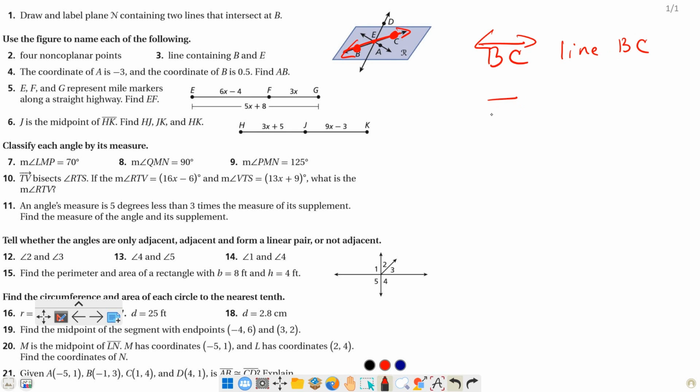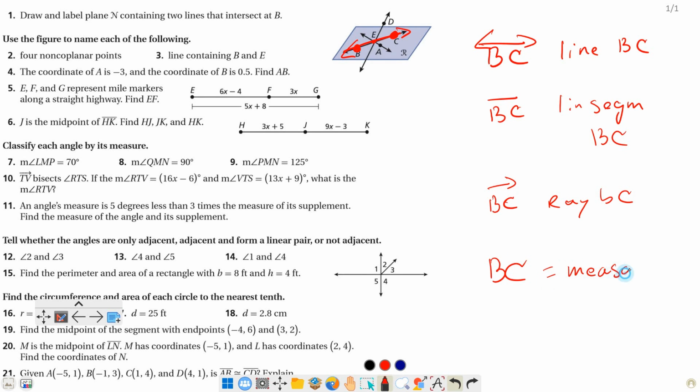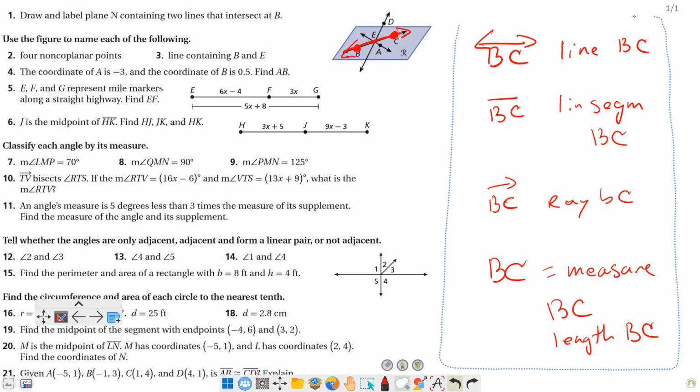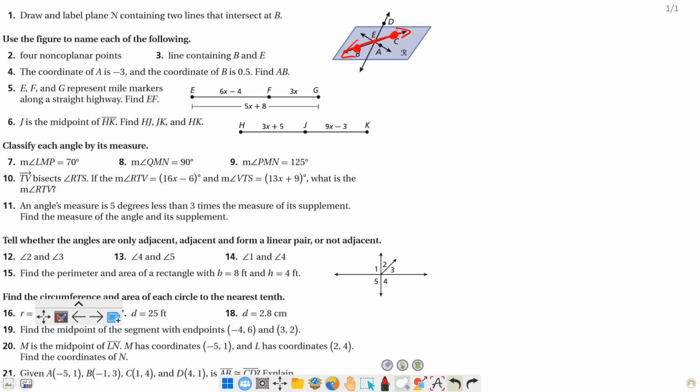And this means line segment BC, and this means ray BC, and if we just say BC, then that's the measure of BC, or its length. So just remembering all of that so that we can get that done for us.